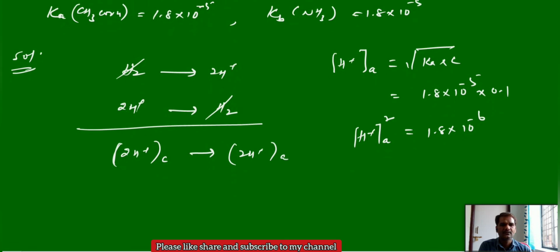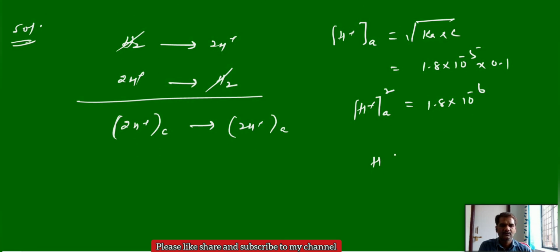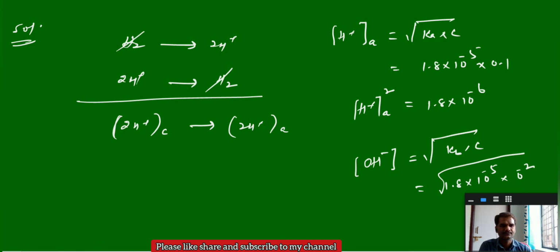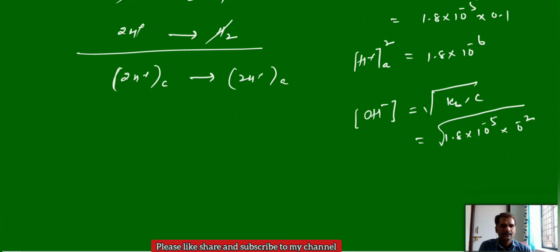Similarly, calculate for the cathode. Your cathode has ammonia. First you have to calculate the OH minus concentration, which is the square root of Kb into C. The Kb value is again 1.8 into 10 power minus 5, and the concentration is 0.01, that is 10 power minus 2.